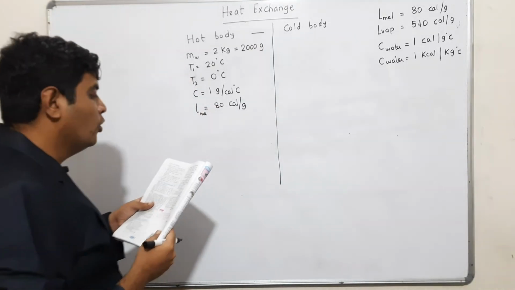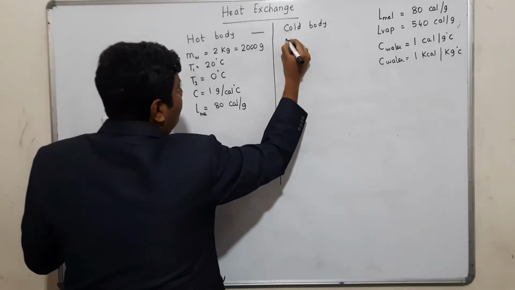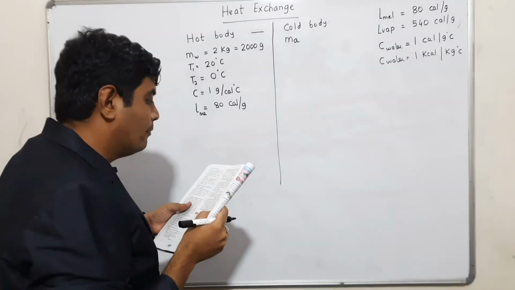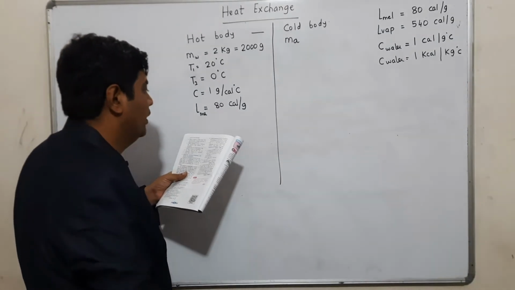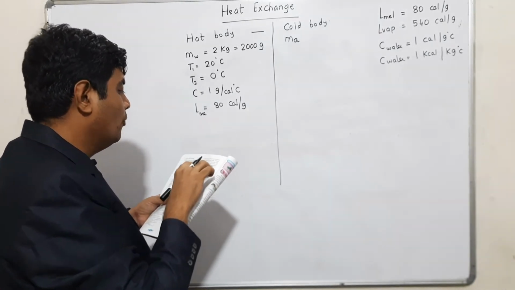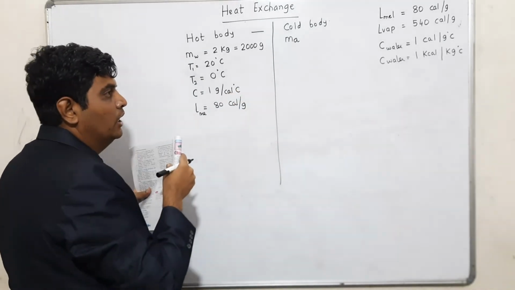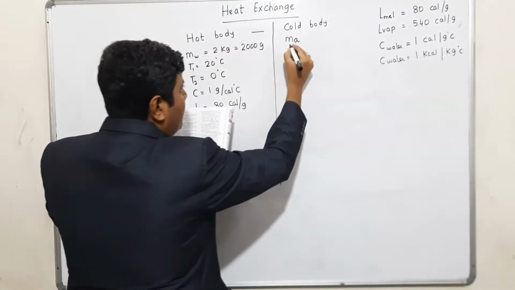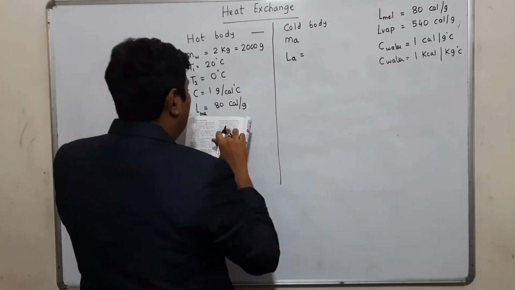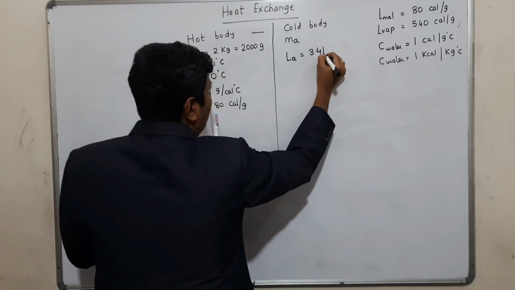Now who is my cold body over here? How many grams of liquid ammonia? So mass of ammonia is to be evaporated. So I am evaporating liquid ammonia. How many grams of ammonia are to be evaporated? So basically it is considered that it is in the state, we have to directly take L. So L of ammonia, latent heat of vaporization of ammonia, is 341.